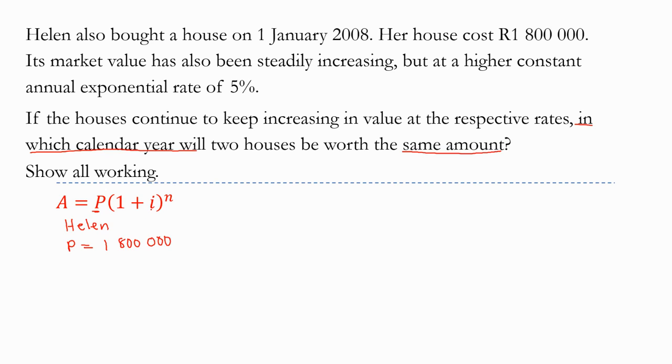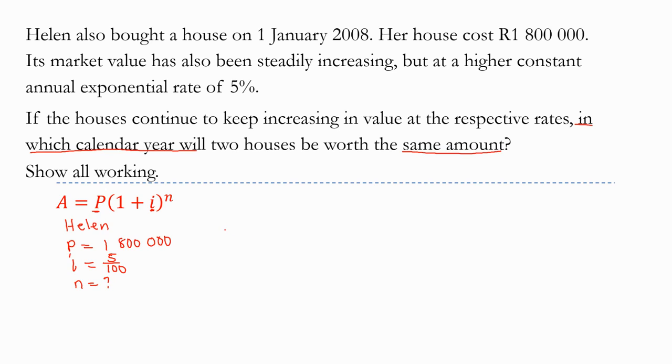Okay, and then I, the interest rate, is going to be 5%. Remember, I said here you can use your decimal 0.05 or even your percentage 5%. You just put the percent in the calculator there. And then N, that's what we're looking for when these two houses will be having the same value.